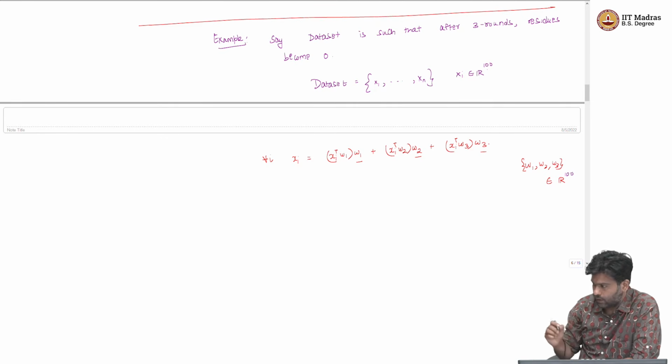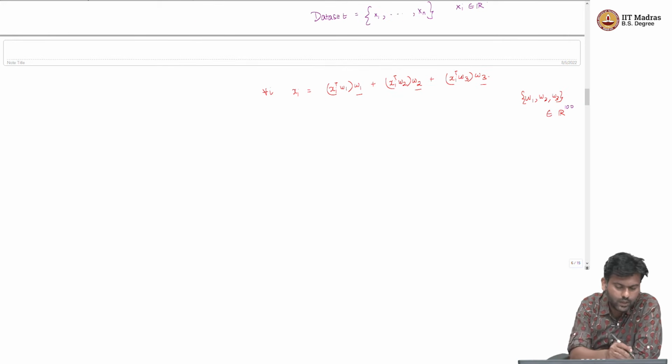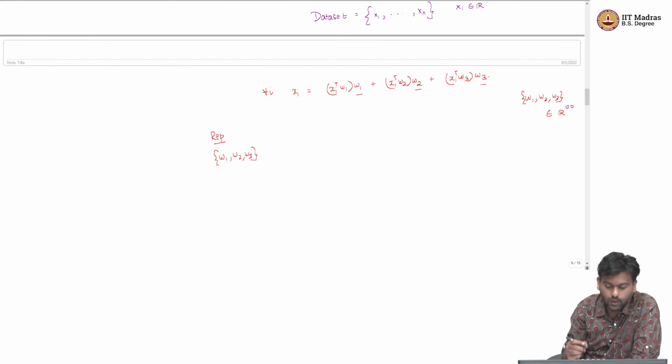That is good, but what are we saying? Now, if we have the representatives and the coefficients, the representatives of course will be w1, w2, w3, which are all three lines in 100 dimensions, but to reconstruct xi we do not need 100 numbers, right.